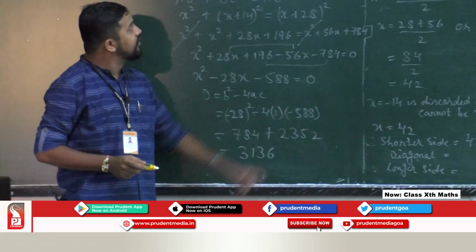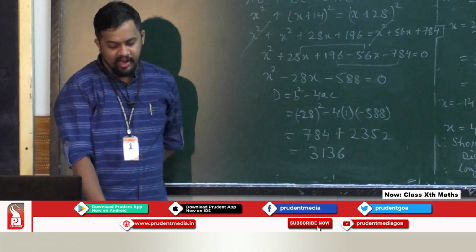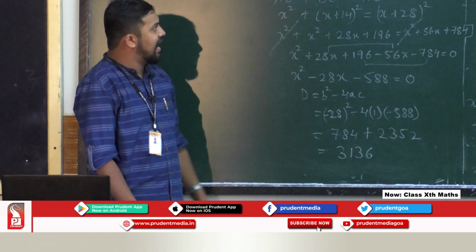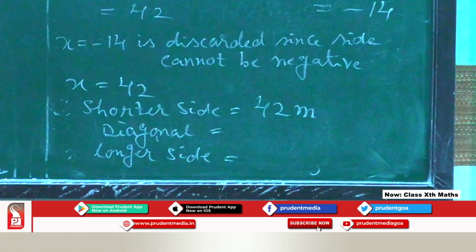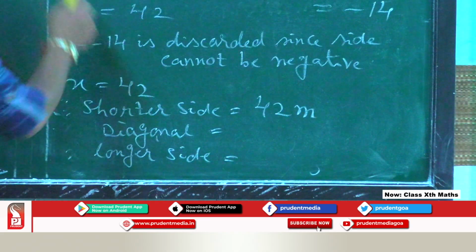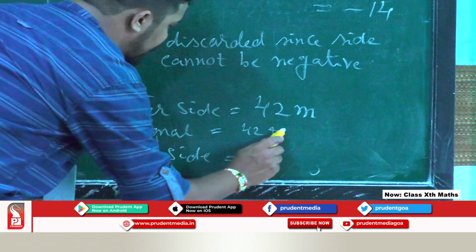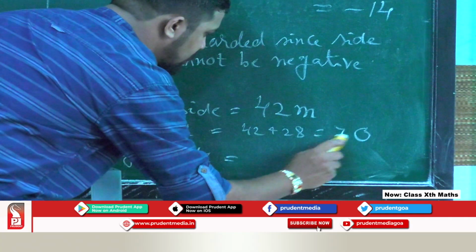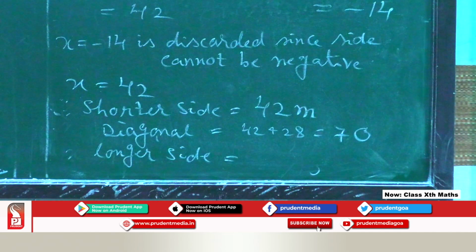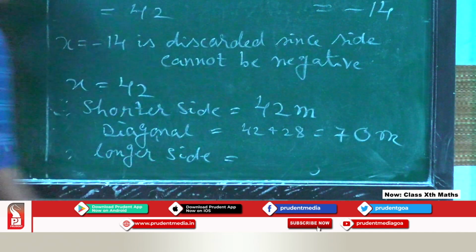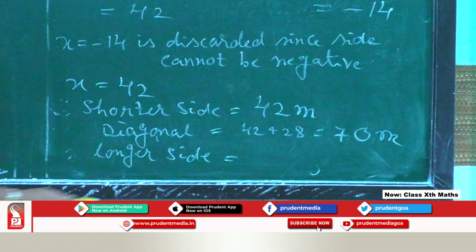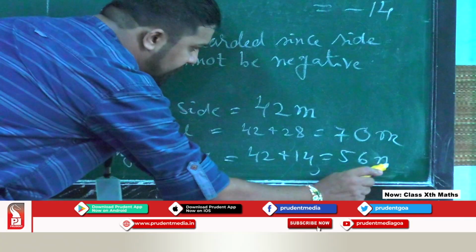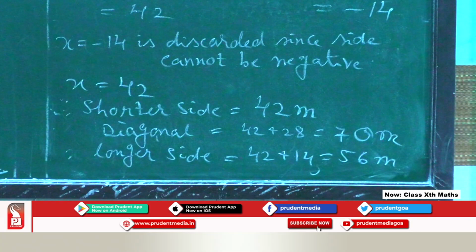Then diagonal is 42 plus 28, which is 70 meters. And longer side is 42 plus 14, 56 meters.